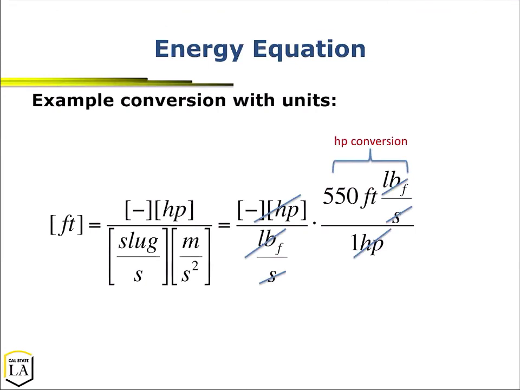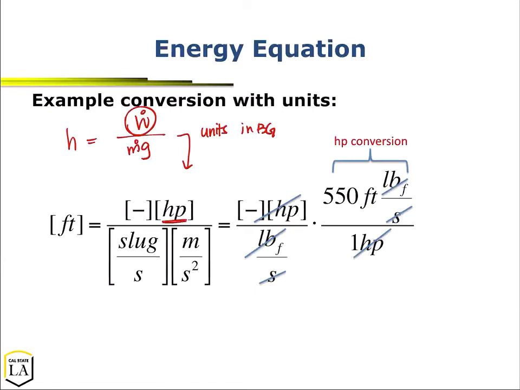So this is just a sample calculation. You'd have some head, which is equal to W dot divided by m dot multiplied by gravity. And this is an example of plugging in the units in BG. That W dot does tend to be given in horsepower.